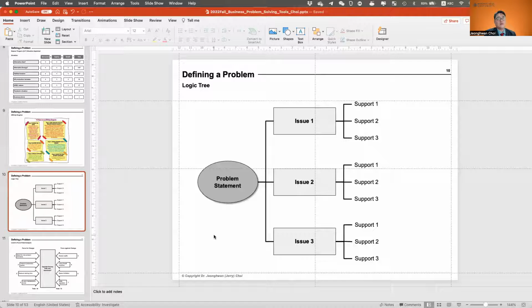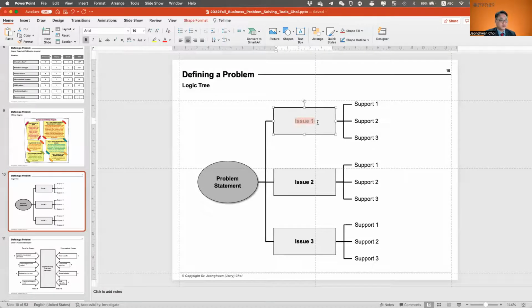Here is a problem: oil price is going up. Then the issue: first, production is reducing.